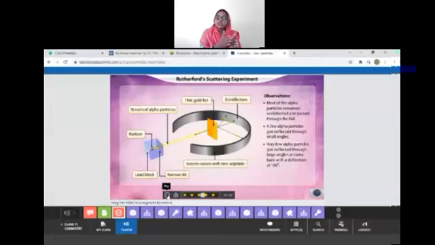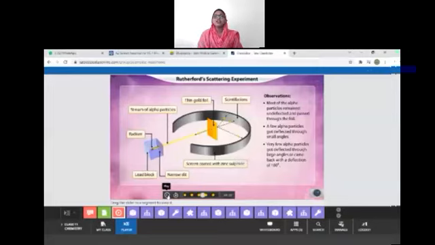When it comes near a positive charge. Very good. When it comes near a positive charge, it gets deflected. So it is coming in contact with some positive charge.